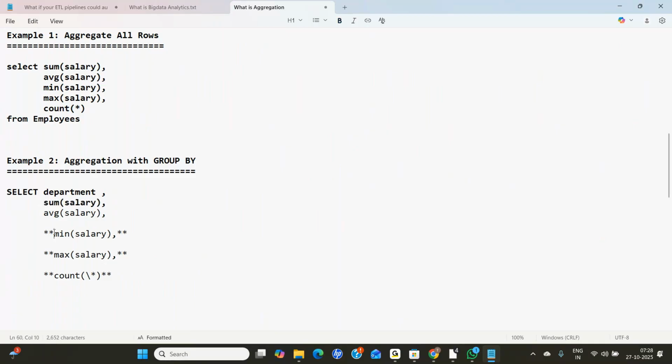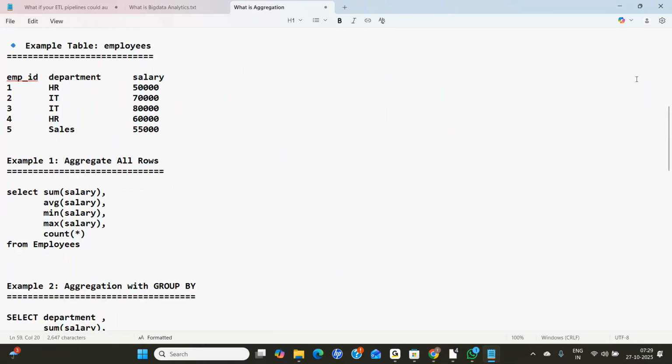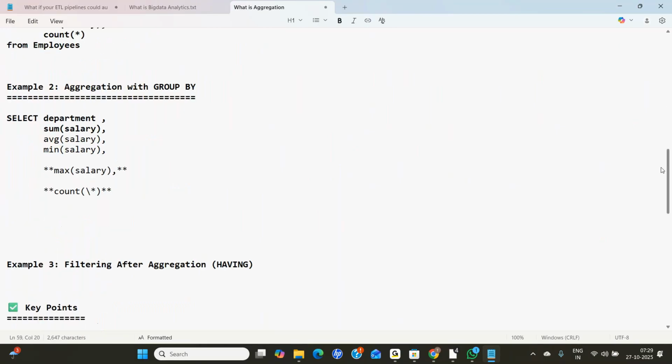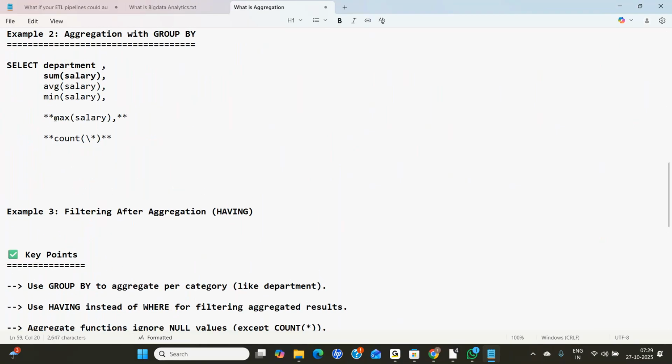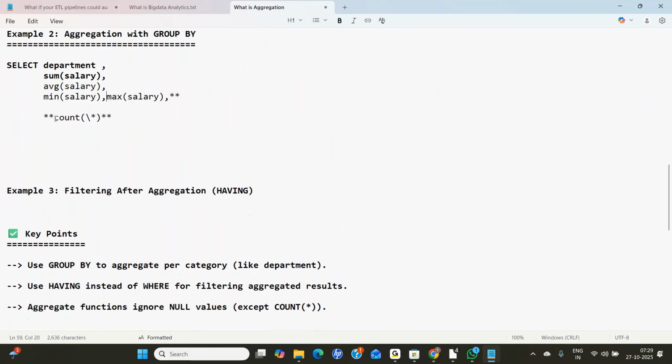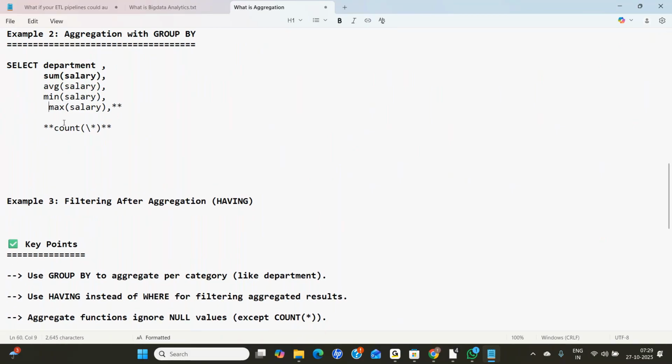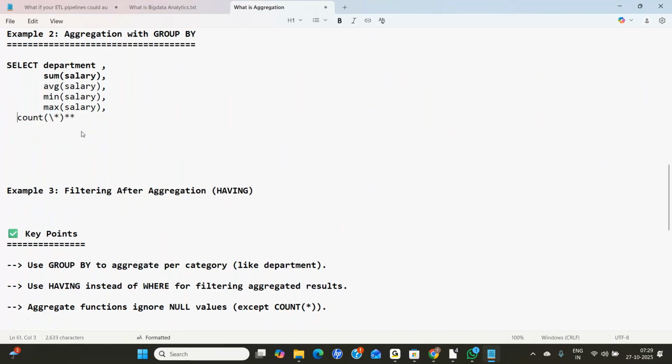and minimum of salary, min of salary, and the max of salary, and count star.